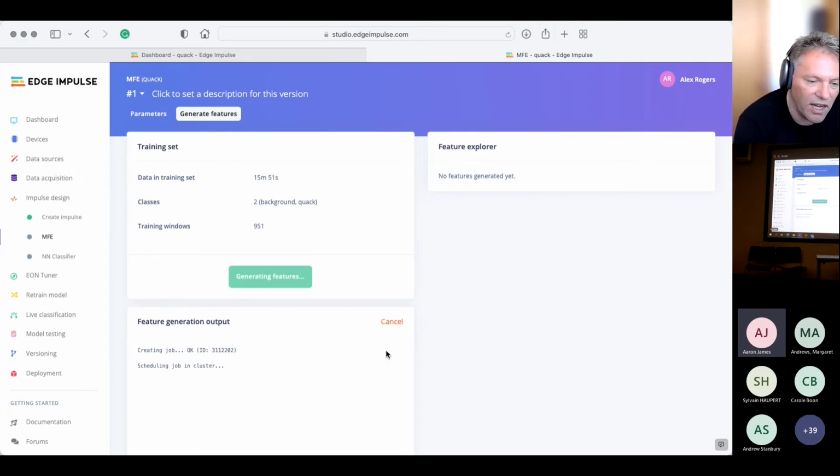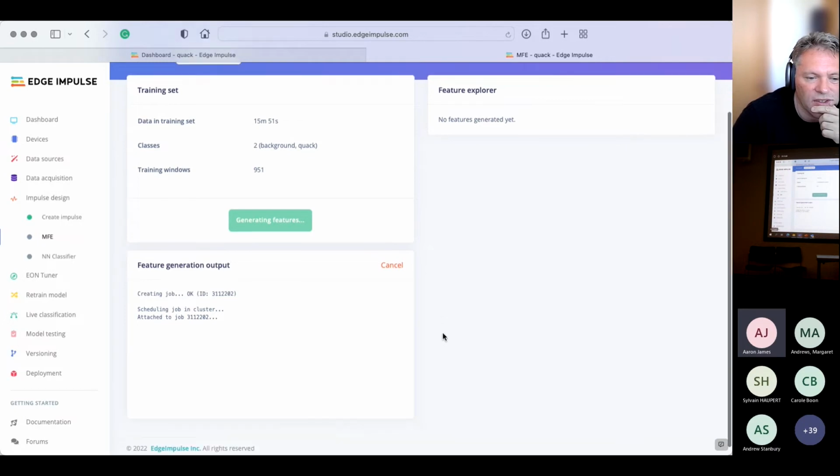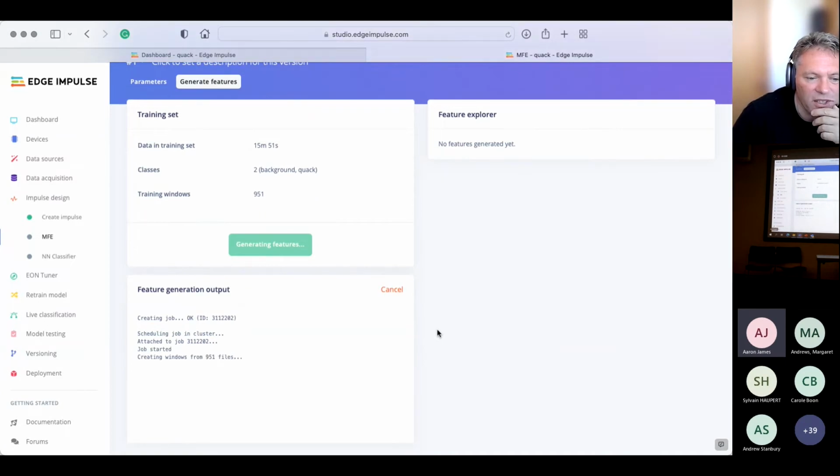And again, this is all running on an Edge Impulse server, so hopefully this will be quite quick. I'm hoping it's going to start. Oh yeah, here we go.